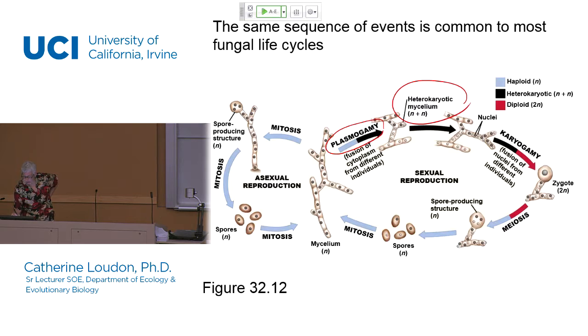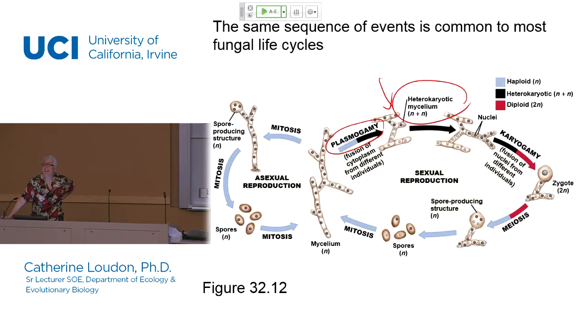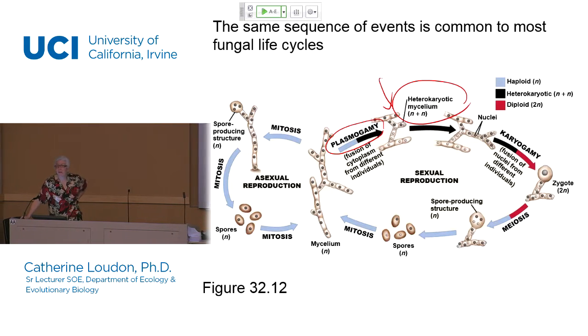They can fuse in such a way that the cells that result from continued cell division after fusion of the mycelia end up with haploid nuclei from both of the original individuals prior to fusion. This is referred to as N plus N because the haploid nuclei are still distinct, and the name given for this is heterokaryotic. So you should certainly know those names, plasmogamy and heterokaryotic.